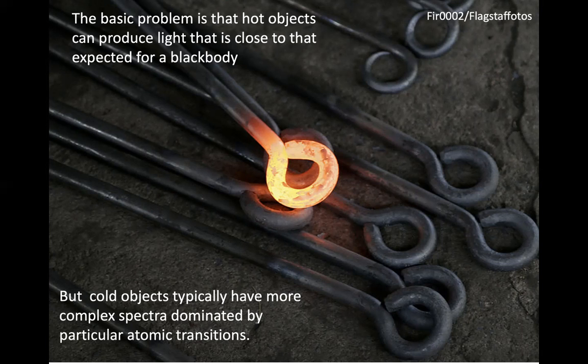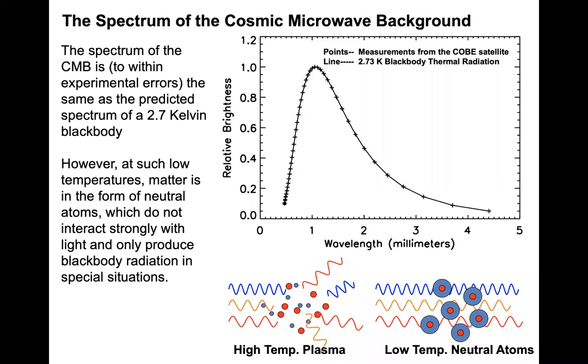In metals, that happens at lower temperatures because the electrons are relatively free to move independently, and charged particles interact well with a lot of different wavelengths of light. But as you cool them off, those free charged particles reassemble into neutral atoms, and those only interact with certain wavelengths of light.